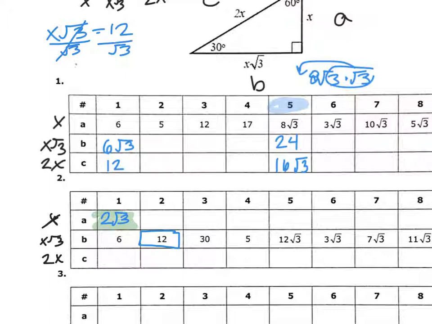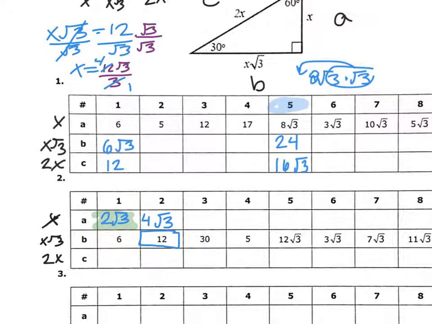We're left with x equals, and before I bring this down, I want to rationalize. No square roots in the denominator. So this is going to give me 12 square root of 3 over 3. And the 3 and the 12 can reduce, giving me 4 square root of 3.